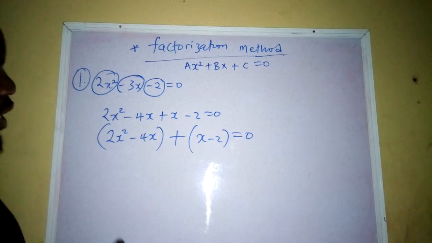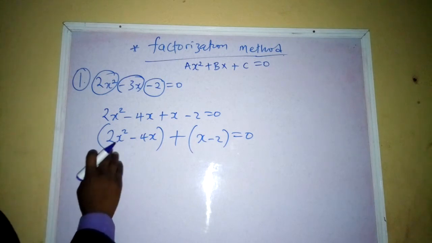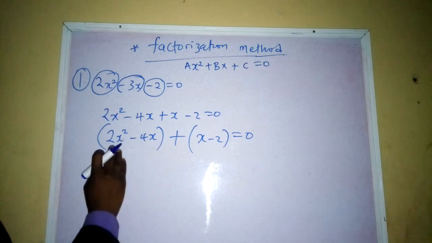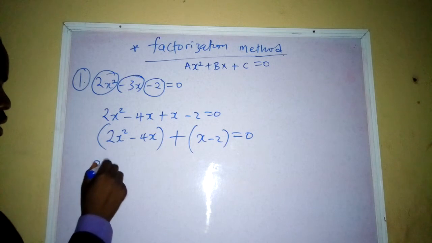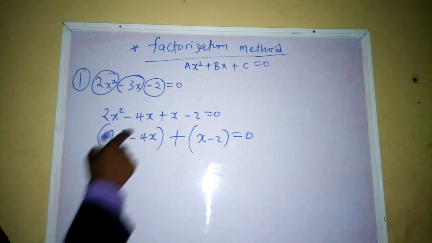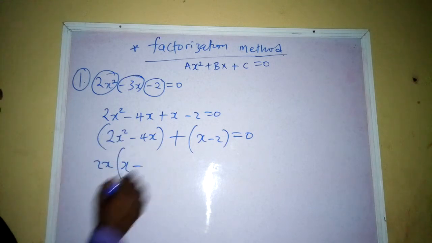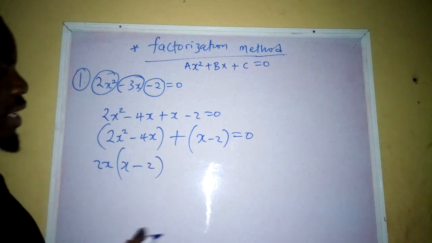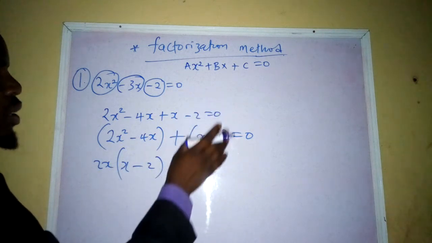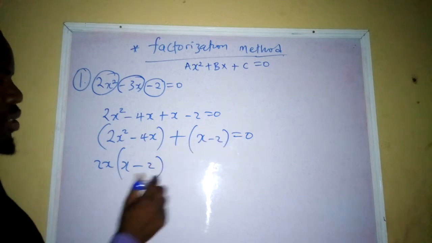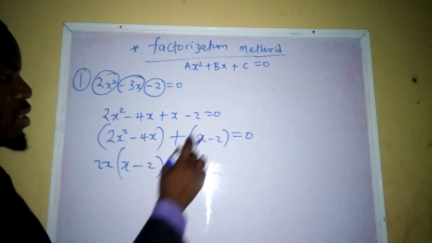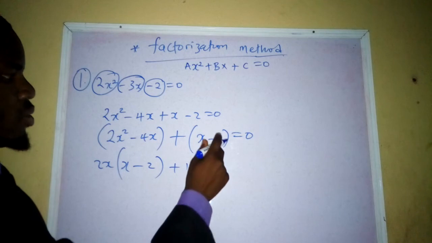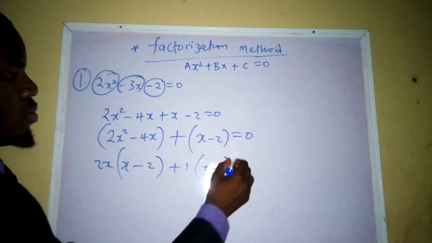Now, if you check, what is a common term that can divide these two terms here? Absolutely, it is 2x. So 2x squared divided by 2x will be left with x, minus 4x divided by 2x will be left with minus 2, right? So what can I divide this term by so that I have the same term? Because these brackets must be the same, it is 1. So x divided by 1 is x, minus 2 divided by 1 is minus 2, is equal to 0.